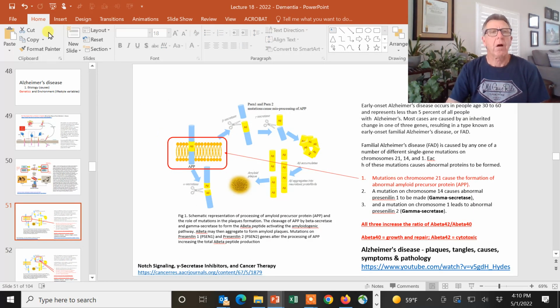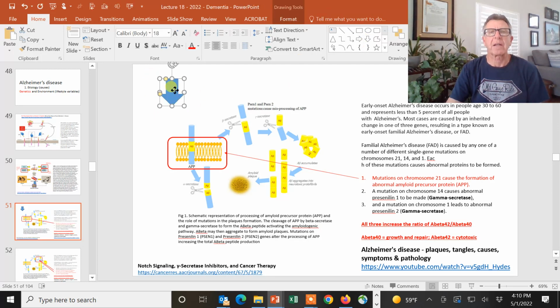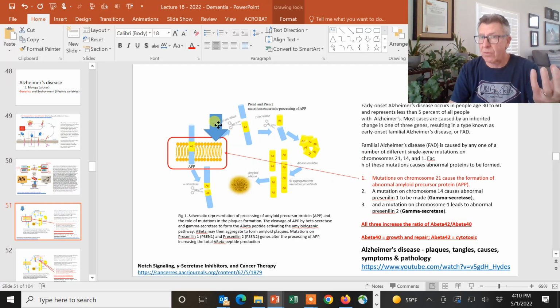So what do we see here, my friends? Again, it's this cycling: clipping by beta secretase or gamma secretase, and the problem has to do with mutations. There's a mutation in chromosome 21 where the APP that is produced, when it gets clipped, produces the 42. That's a bummer.